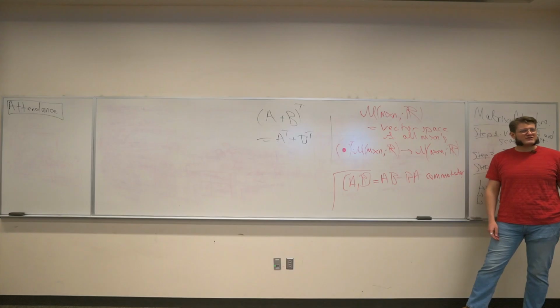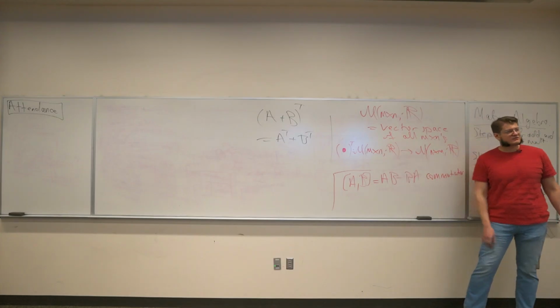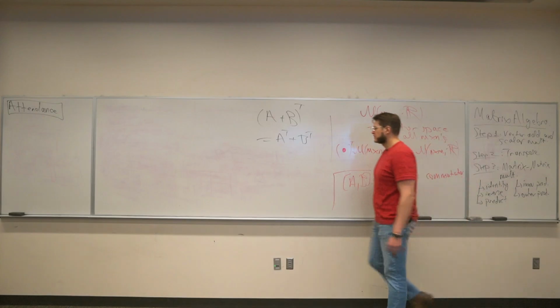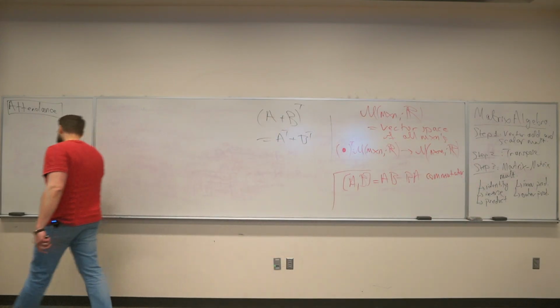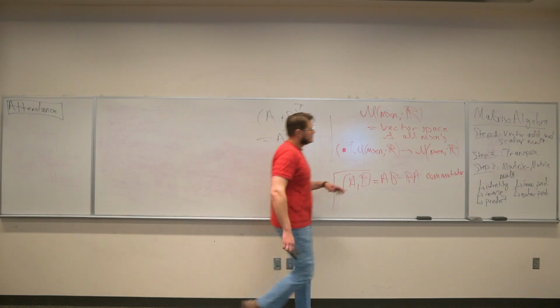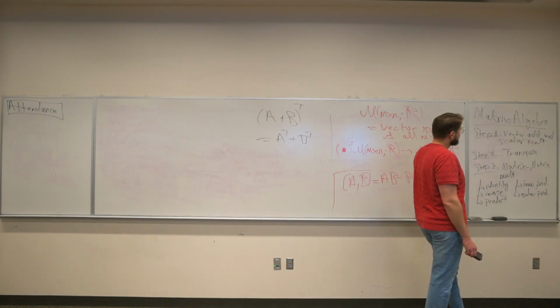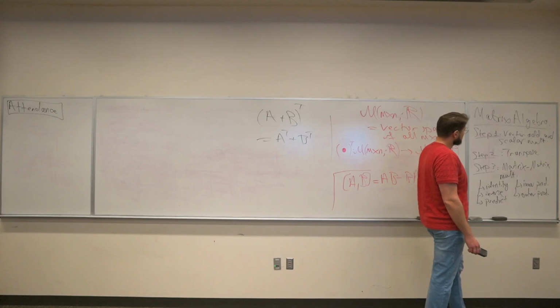It distributes over linear combinations of m by n matrices. So somehow, again, transpose works really well with vector addition and scalar multiplication.